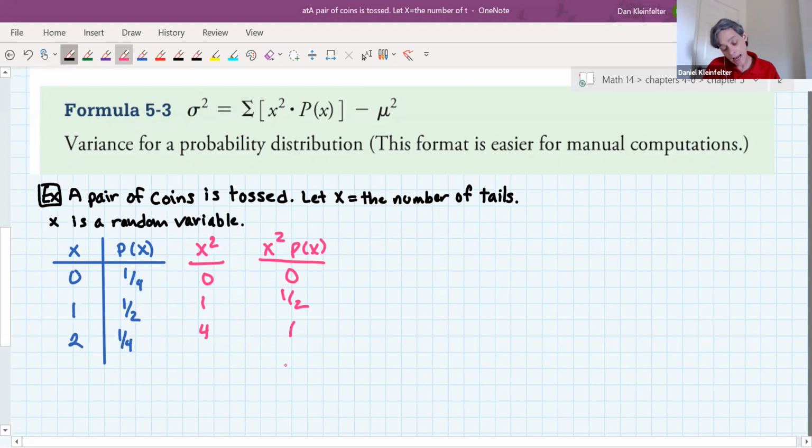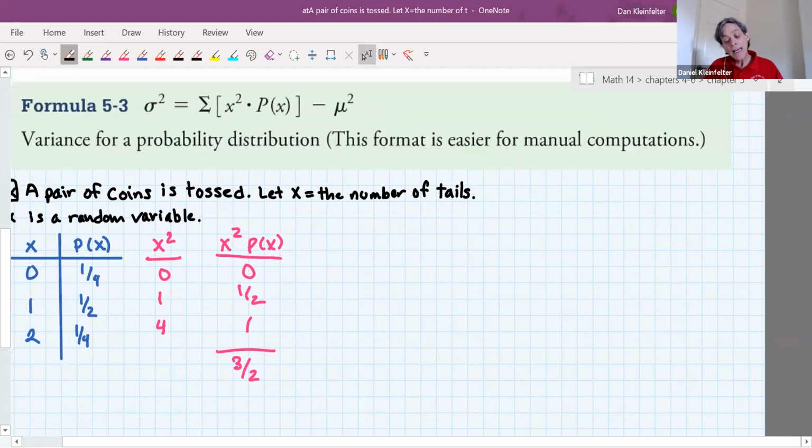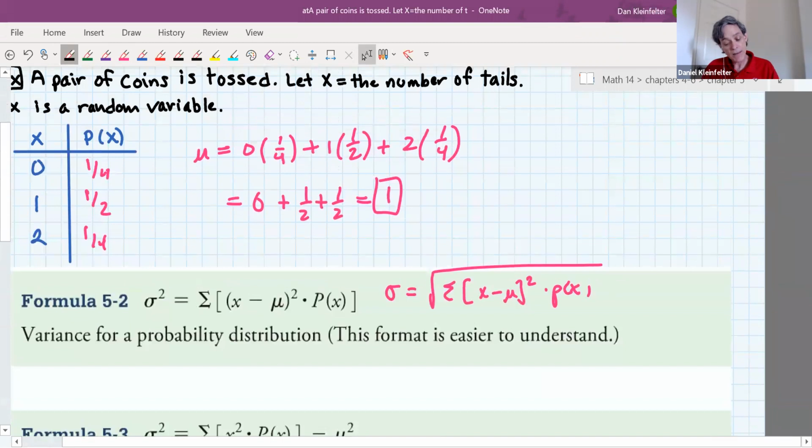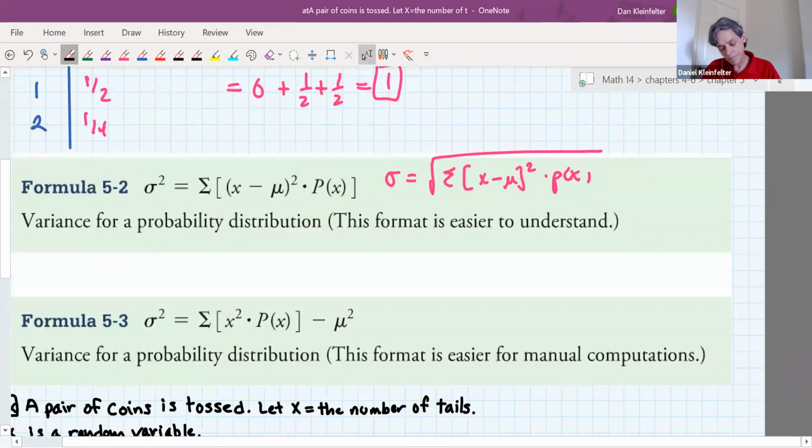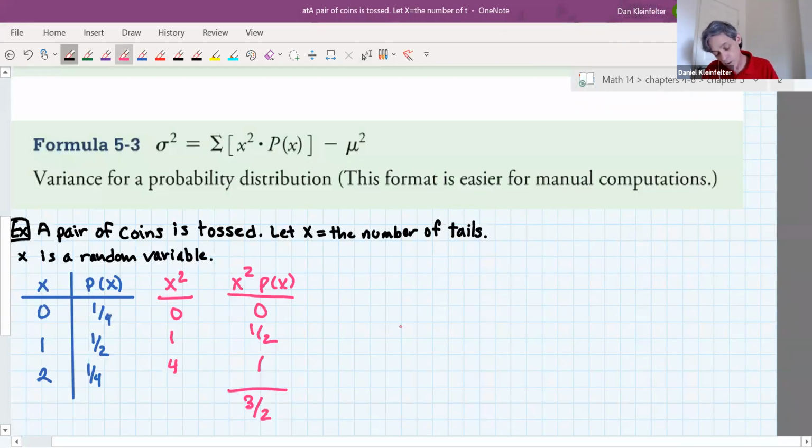And then we wanted to add that up. Okay, so that is 3/2, right? 1/2 plus 1 is 3/2. And then we're going to subtract the mean squared, right? In this example, we determined that the mean was 1. So we'll have 1.5 minus 1 squared. I'm just putting the squared on there so you know that I didn't forget it. 1 squared, of course, is 1. 1.5 minus 1 is 0.5.